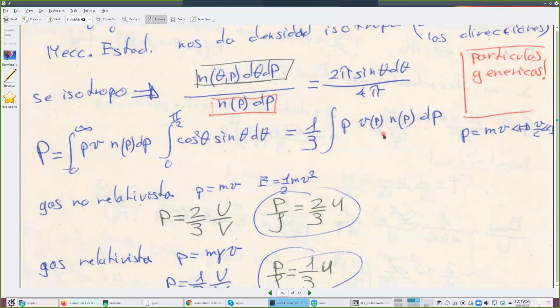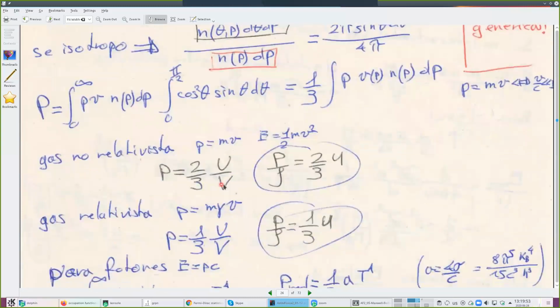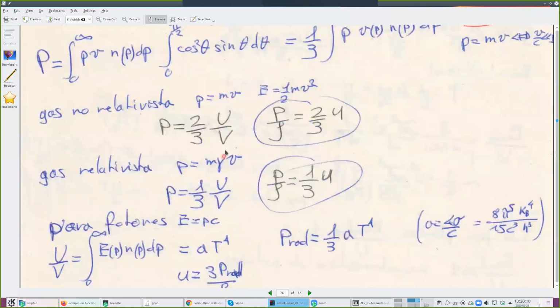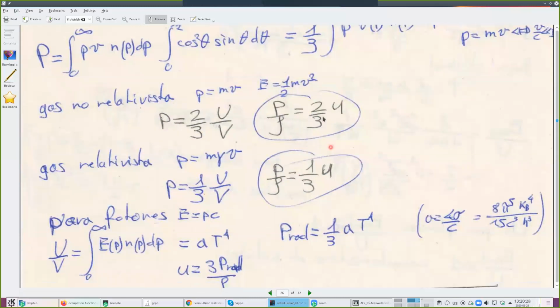So for a non-relativistic gas, p will be equal to mv, and for a relativistic gas, the relation between the two is a little different, so we have this other value. This essentially changes the factor from 2/3 to 1/3, as we saw from the virial theorem, but this changes everything completely.